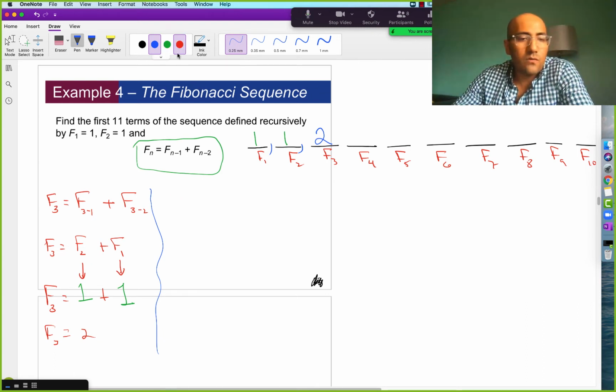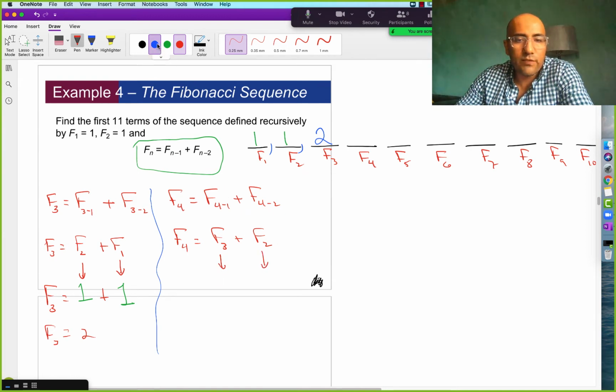Okay, so f of 4 is equal to f of 4 minus 1 plus f of 4 minus 2. So f of 4 equals f of 3 plus f of 2, right? And f of 3, we just discovered, was a 2. And f of 2 is still a 1. So f of 4 equals 3.